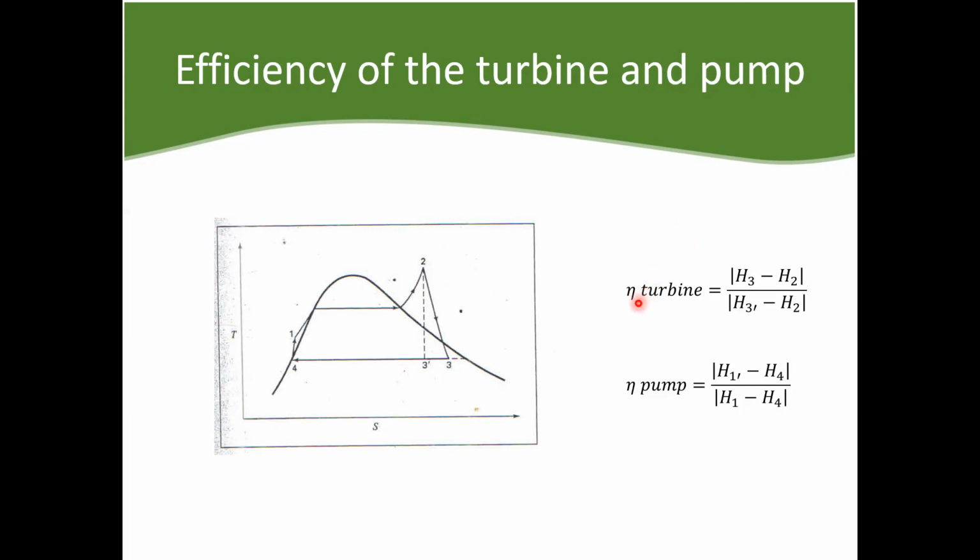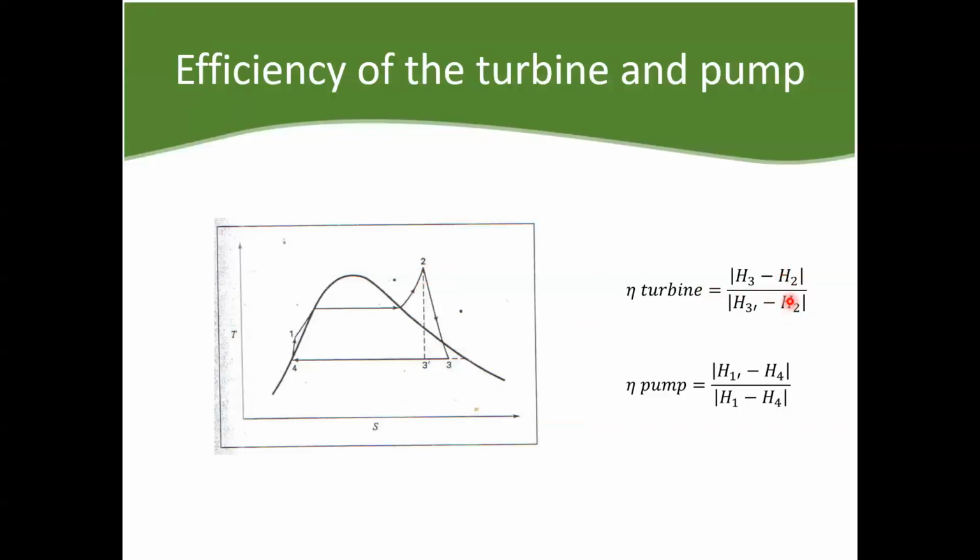It's computed by comparing its actual work generated for the turbine, which is H3, the enthalpy at point 3, minus the enthalpy at point 2. That's the actual work produced by the turbine divided by its ideal work, or the isentropic work, which is H3 prime minus H2.